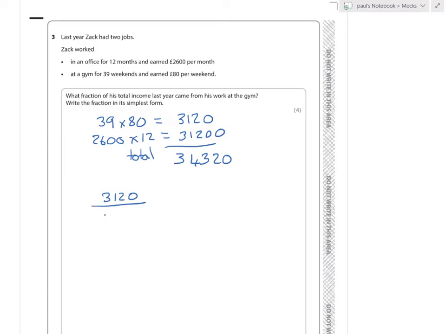3120 over 34320. So 312 over 3432. This is a nightmare, this one, isn't it? 312 divided by 2 is again 156, and 3432 divided by 2 is 1716.